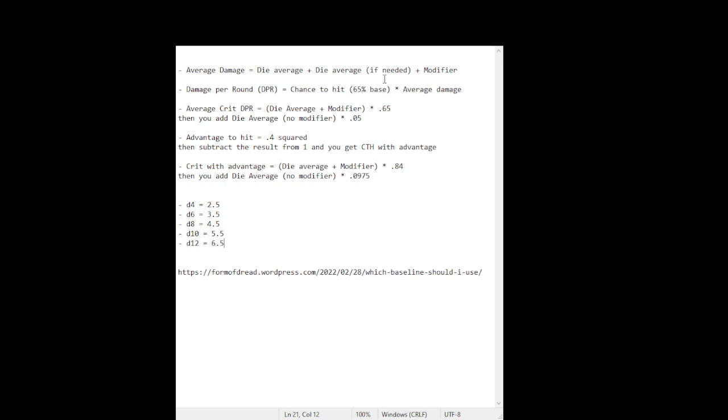So we just use the average of 65%, or 0.65. So you multiply your average damage, the average damage that we calculated previously, by 0.65, and you get the average damage per round.